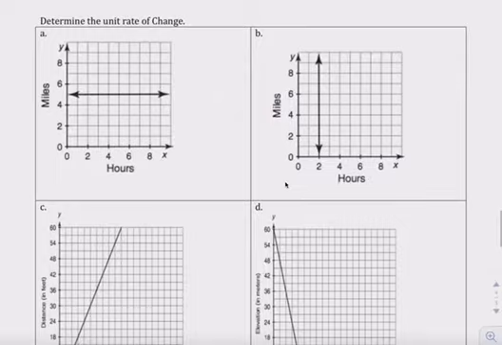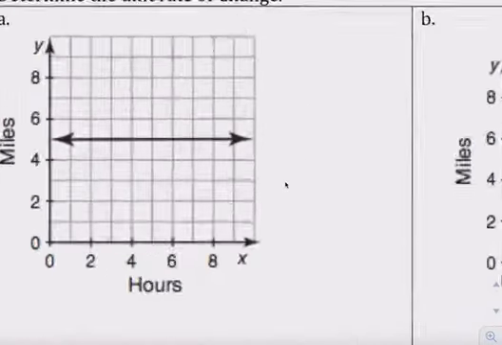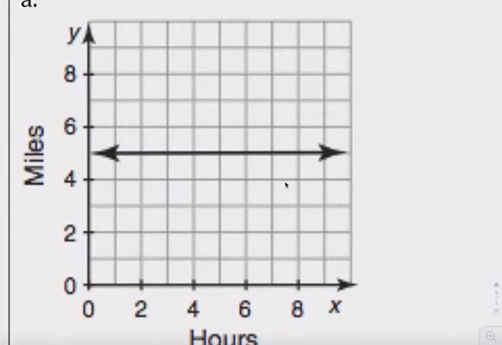The back side, determine the rate of change. Oh, there's no dots. Put a dot. It didn't go up any. 0 up over 3. Each one is 1. 1, 2, 3 over 3. You can put anything.